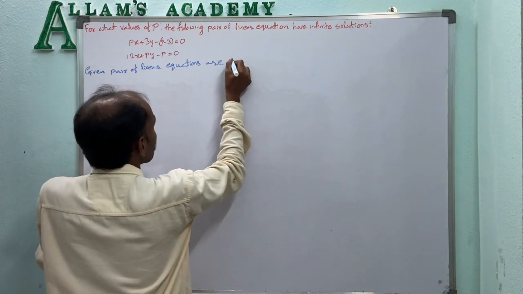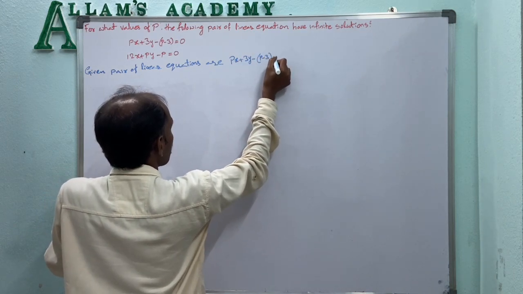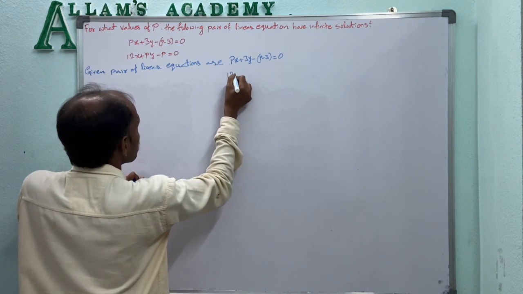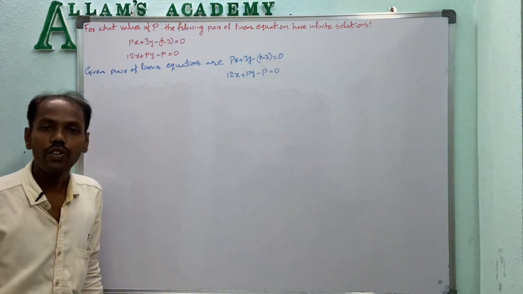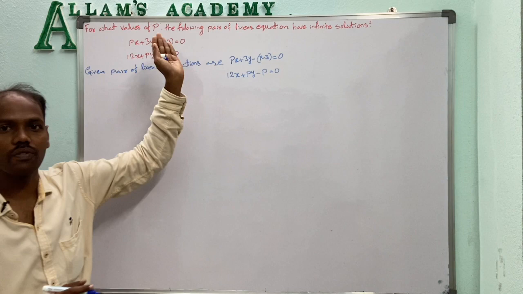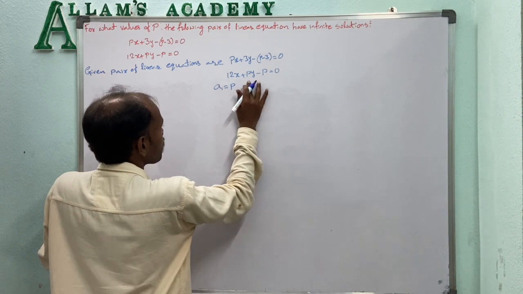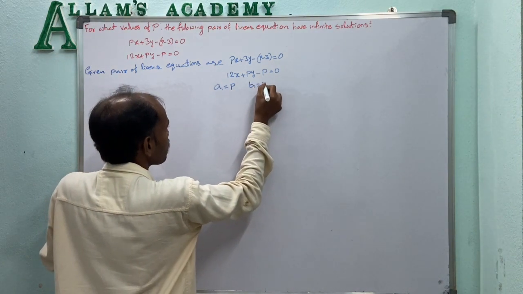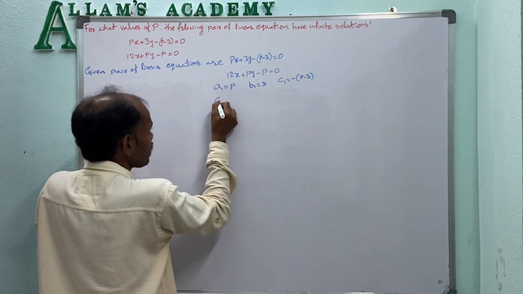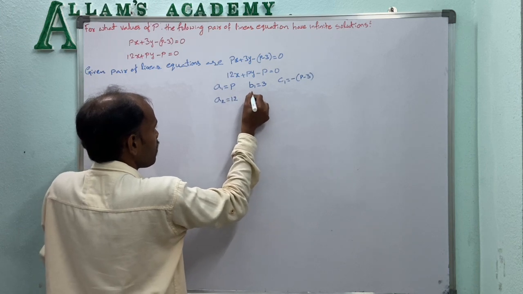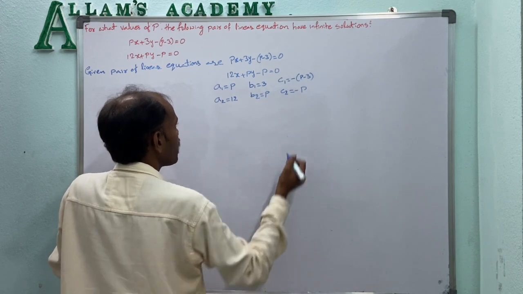Now writing the coefficients of x and y and the constant terms, a1 equal to p, b1 equal to 3, c1 equal to minus (p by 2 minus 3), a2 equal to 12, b2 equal to p and c2 equal to minus p.